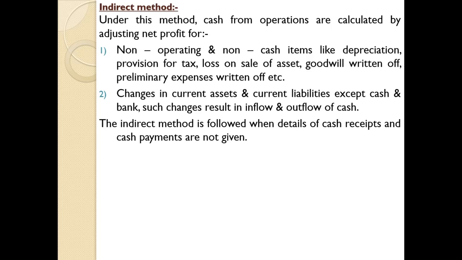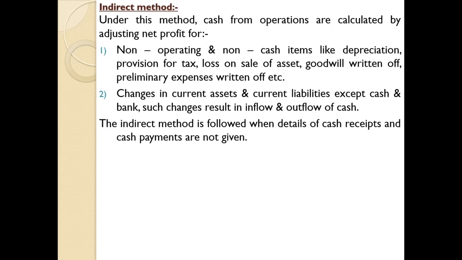In the question, if the cash receipts and cash payments are directly given, cash receipts and cash payments means items that appear in the direct method, that is cash from sales, cash from debtors, cash paid to creditors, cash paid for purchases, cash expenses likewise. If you come across a question where these items are given, then you can follow direct method, even if the question doesn't mention the method.